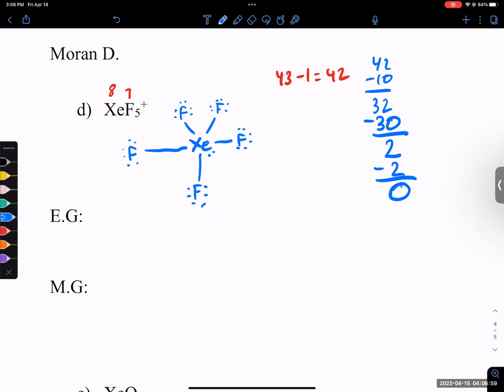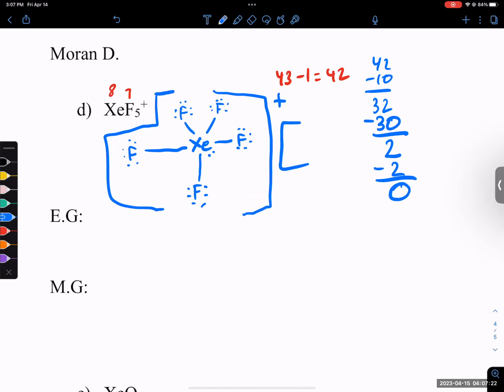There's an extra rule for when stuff has charges. You have the plus sign in brackets. So put the structure in brackets and then put a plus right here. Basically, you do 2 sets of square brackets like that, and then you put a positive sign.